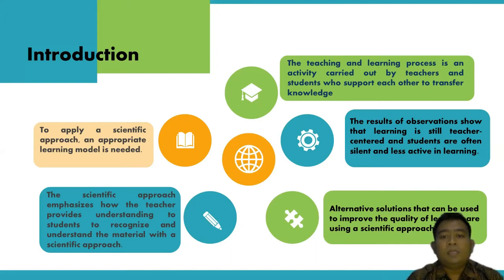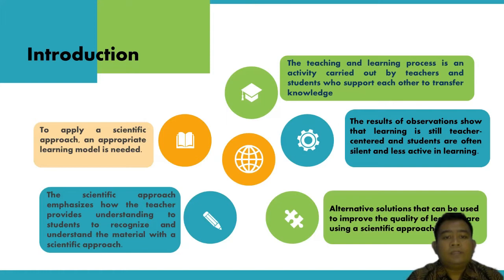The student learning outcome is often used as a reflection of the implementation of the learning process. Learning can be successful if students can comprehend what they have learned. Indeed, one of the goals of learning is to gain new knowledge as a provision for future life.